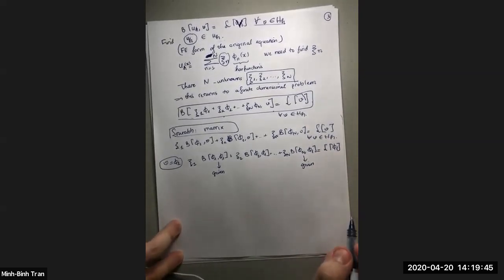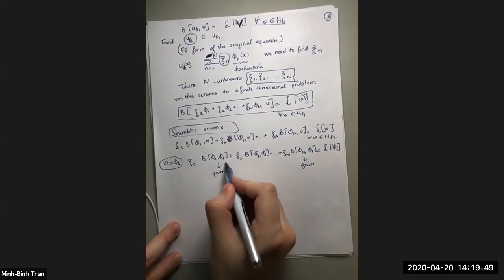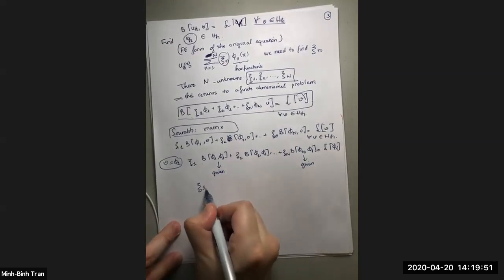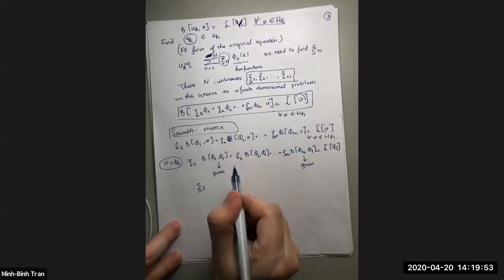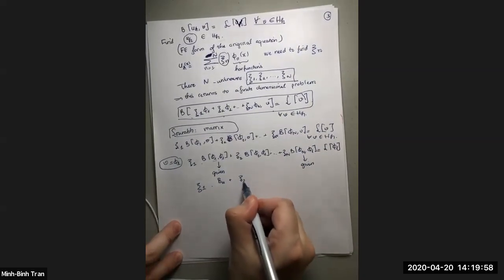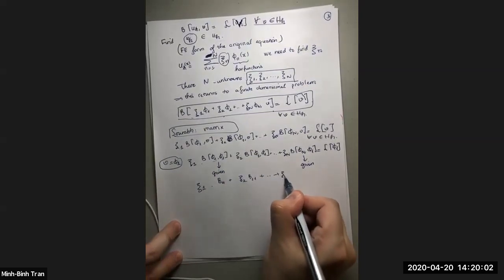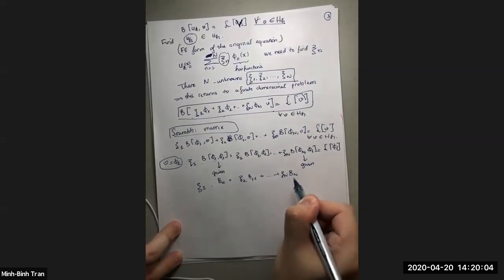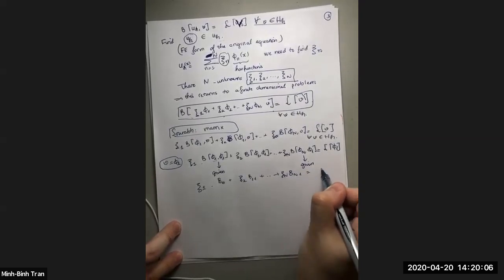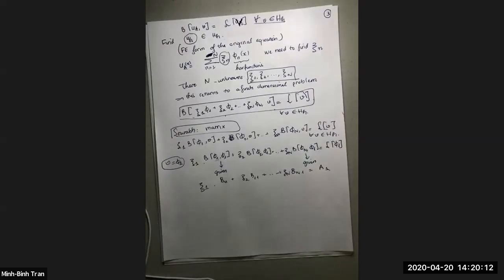Basically, each B is a constant. I call it B11, then C2 B21 plus Cn Bn1, and L of phi1 is given. So this is going to be A1.